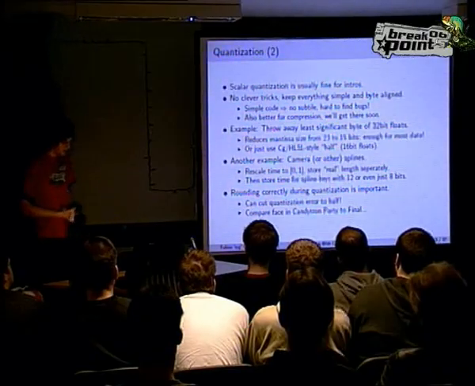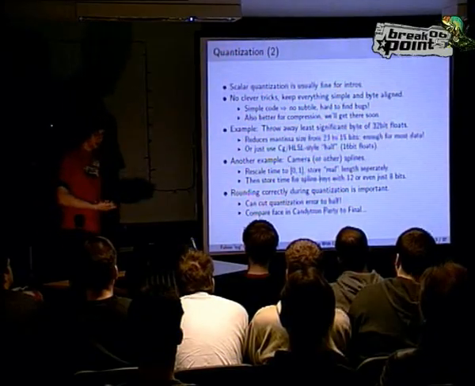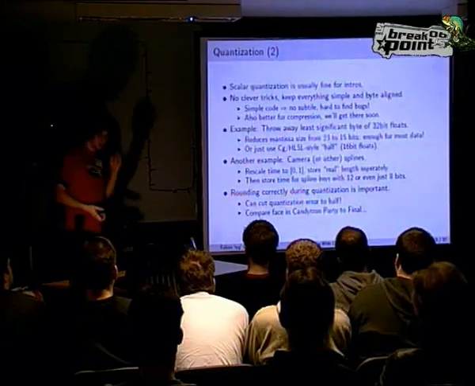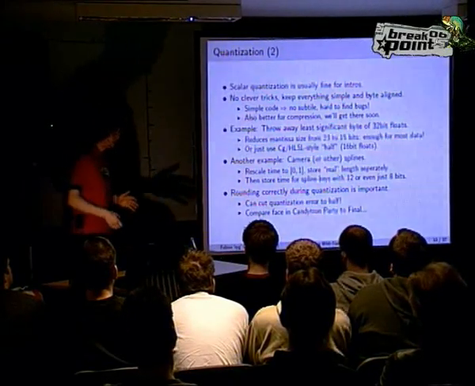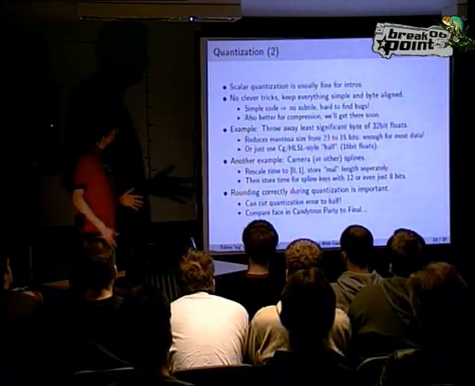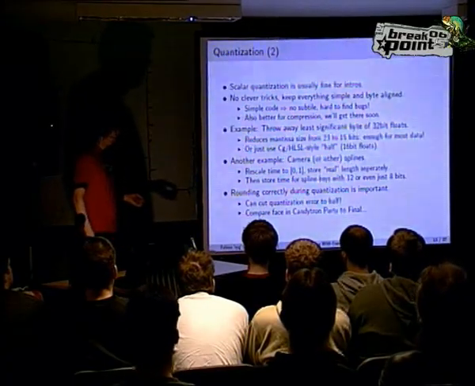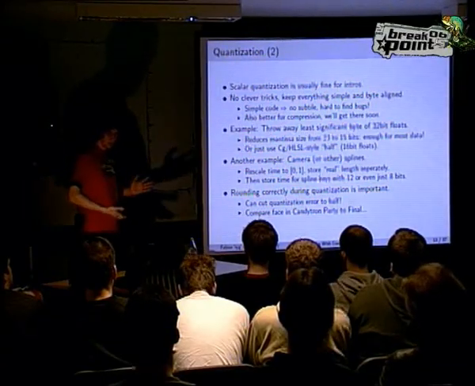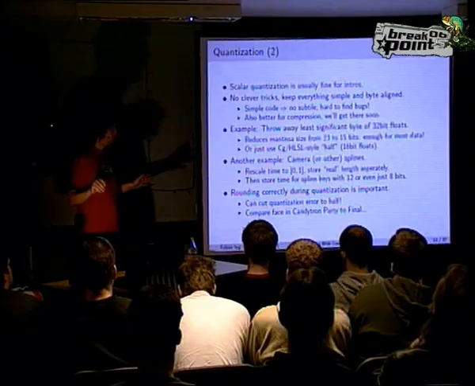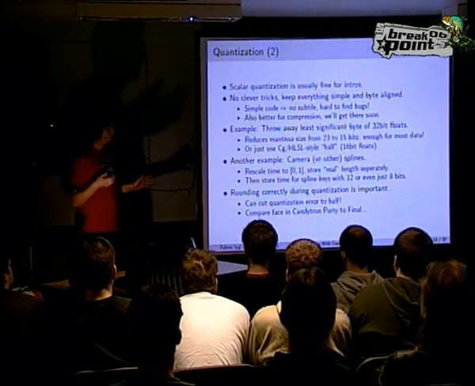And one such example for a very, very low cost quantization that really saves a lot of space is just throwing away the least significant byte of 32-bit float numbers. This reduces the mantissa size from 23 to 15 bits. If you don't know about floating point numbers, there's basically two components to them.